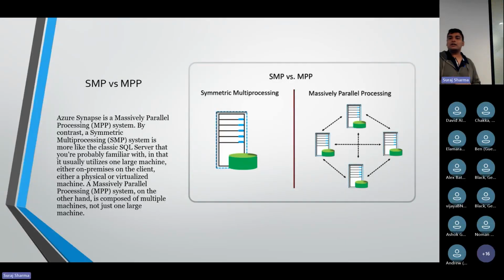As you can see on the screen, in the SMP architecture, one instance shares the same database, but here we have a pool of systems, and they are not related to each other. It is composed of multiple machines, not just one large system. And MPP is loosely coupled between the processor and the database on the storage side.